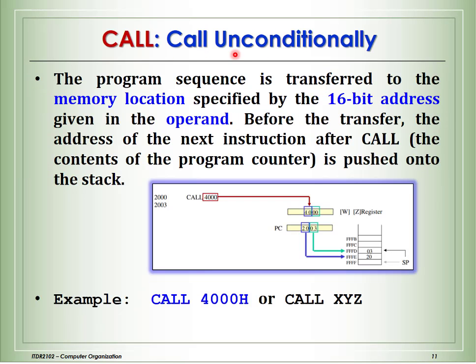Now call unconditionally. Call is an instruction, and the call instruction is used to redirect the program to execute a routine. Here you can see the example, CALL 400H.